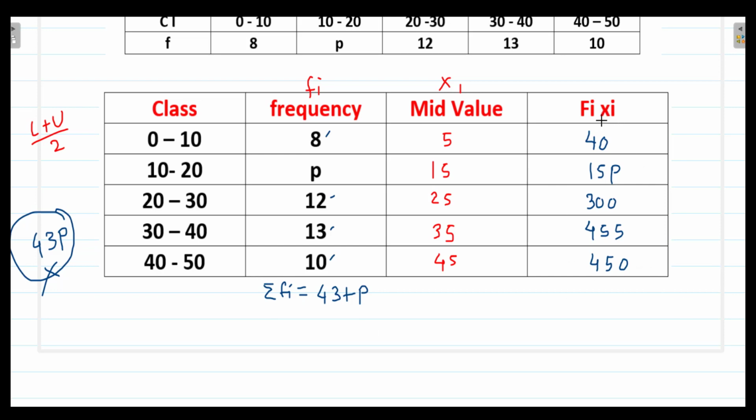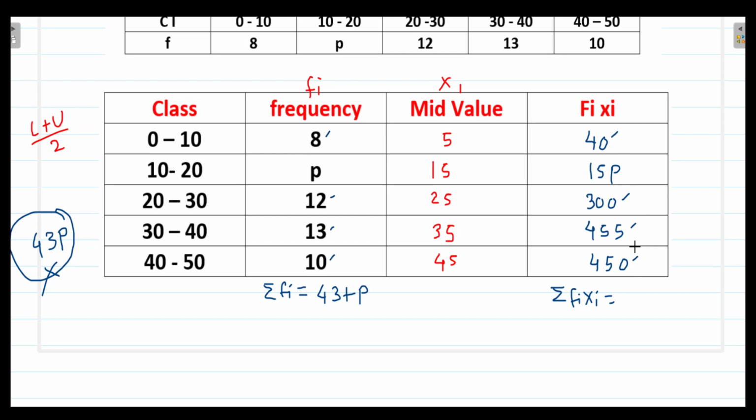Then we take the product sum of Fi xi. So summation of Fi xi, that will be equal to, here again 15P is the unlike term, and rest 450, 455, 300 and 40, these are the like terms.